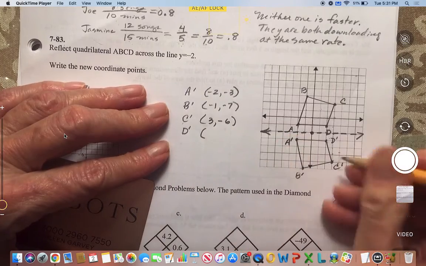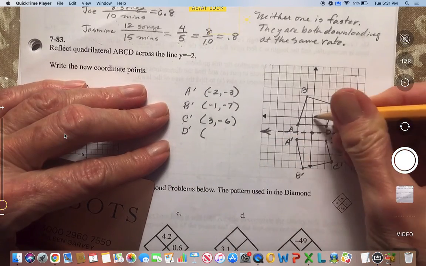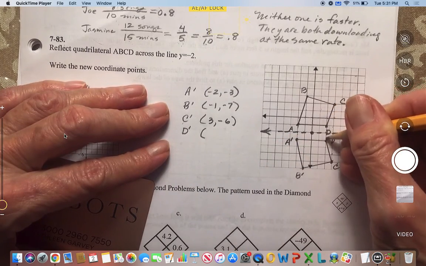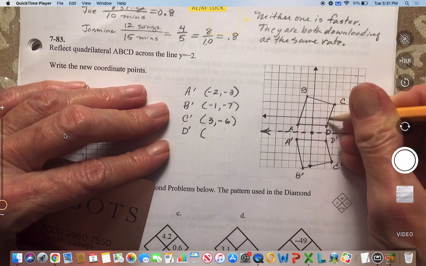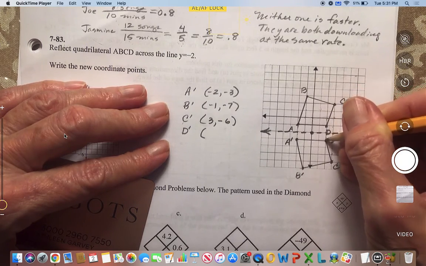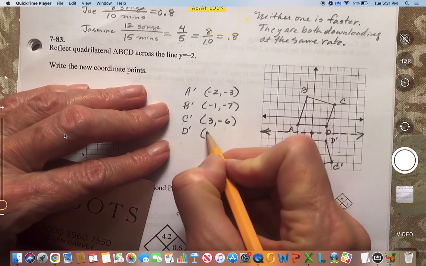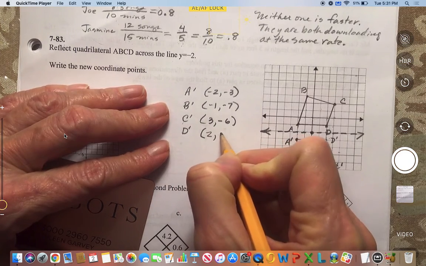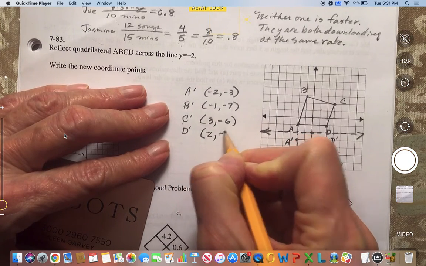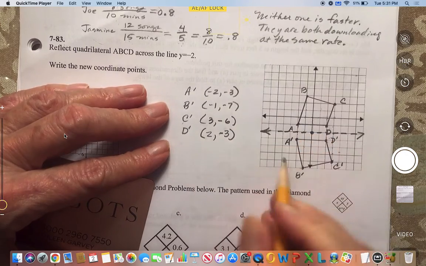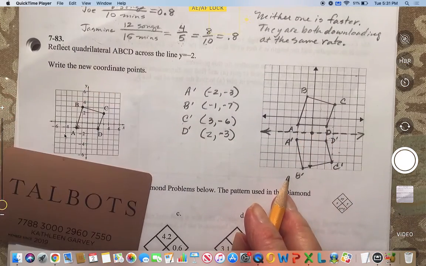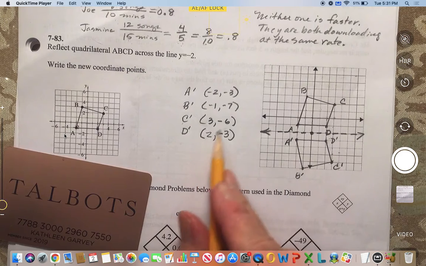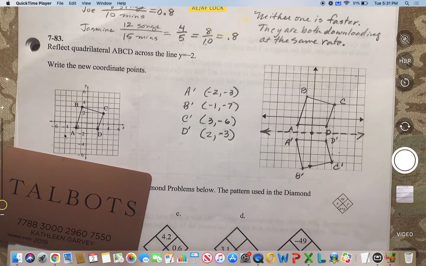And D is our final coordinate, and we can see it's a +2 and a 1, 2, 3, a negative 3. Positive 2 for the x coordinate, negative 3 for the y coordinate. So there is our set of coordinates for the new reflected figure.